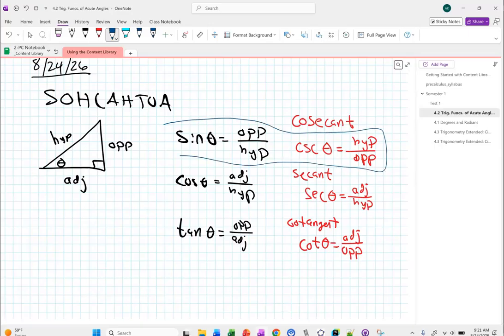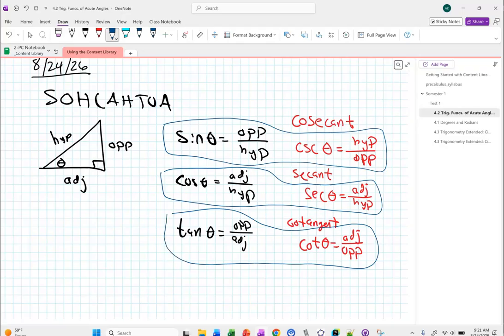So if I look at the formulas for sine and cosecant, cosine and secant, and tangent and cotangent, what do you notice about their formulas? They're what? Inverse. Close. That's not quite the right word. You want reciprocal, right? So we call these guys the reciprocal functions.